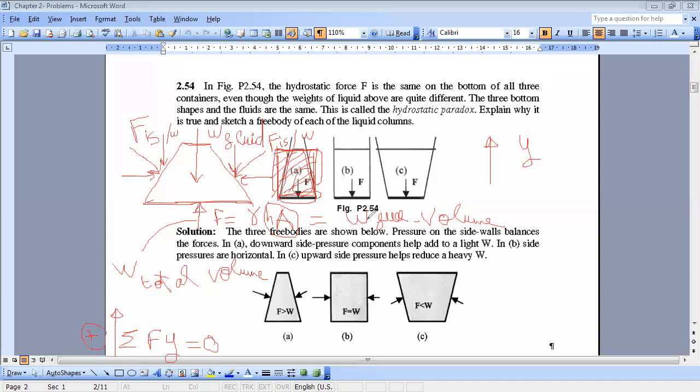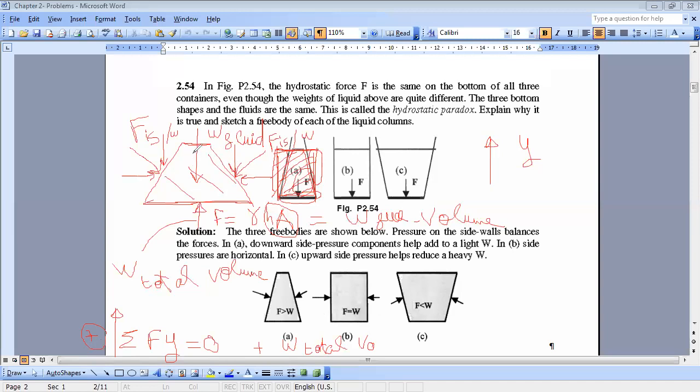Then I will have plus weight of total volume, okay, minus the weight of the actual fluid, and the fluid is filling this part, okay?